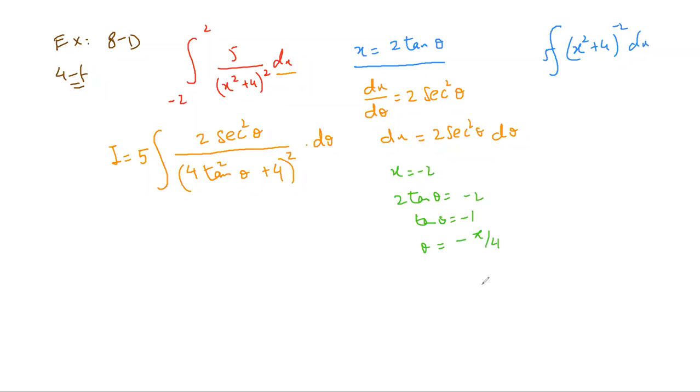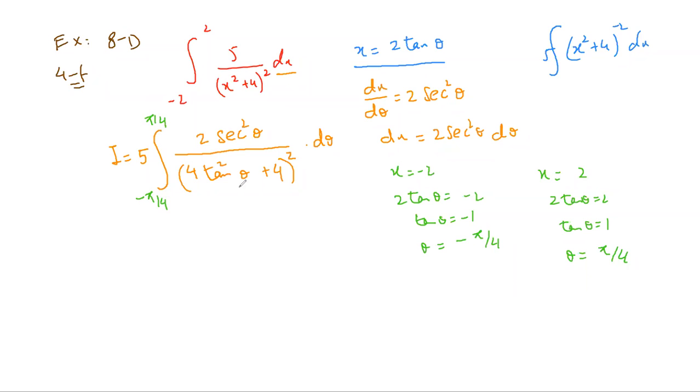And when your x is 2, 2 tan theta is equal to 2, tan theta is 1, and theta is pi by 4. You must know these values by heart.